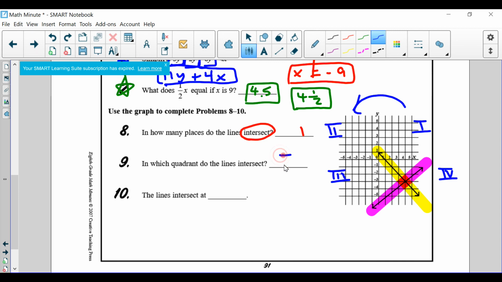They end up in quadrant 4. And then lastly, where is the point that they intersect? Remember, when you're reading that, you want to go x first, y second. x meaning this axis. So we're going to go down. Okay, I noticed that they're here. There's 4, and then negative 3 is there. So we're going to go x first, which was 4, and the y, which was negative 3.